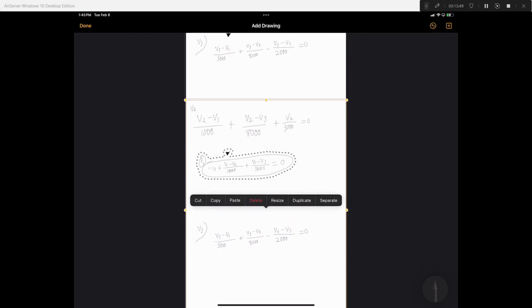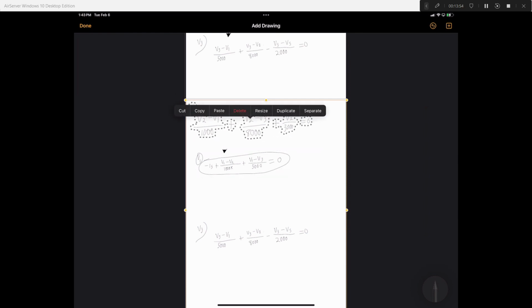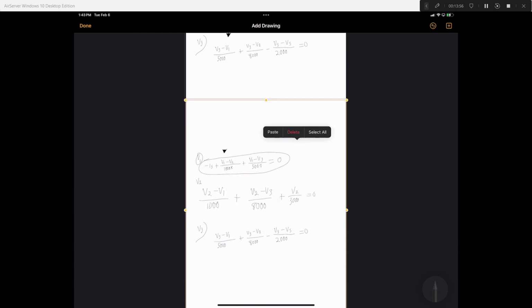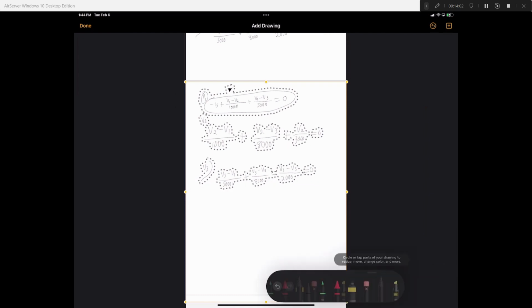Try to organize these by their node number. Okay. Alright.